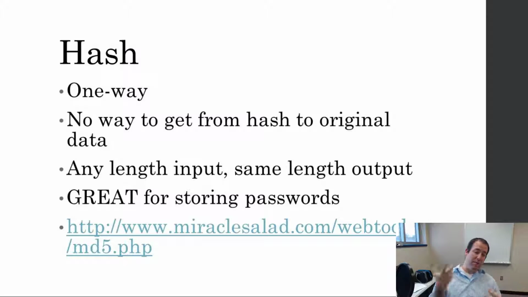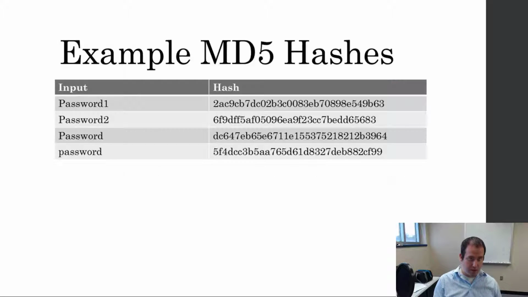And another aspect of hashes is that you can take any length of input, whether it's one sentence or the entire contents of Moby Dick, and it hashes to the same length output, which is part of why you're not able to take a hash and convert it back to the original data, because you're getting that same length output. It is fantastic for storing passwords. We'll talk about why. There's a link to a tool there so that you can see what hashing looks like.